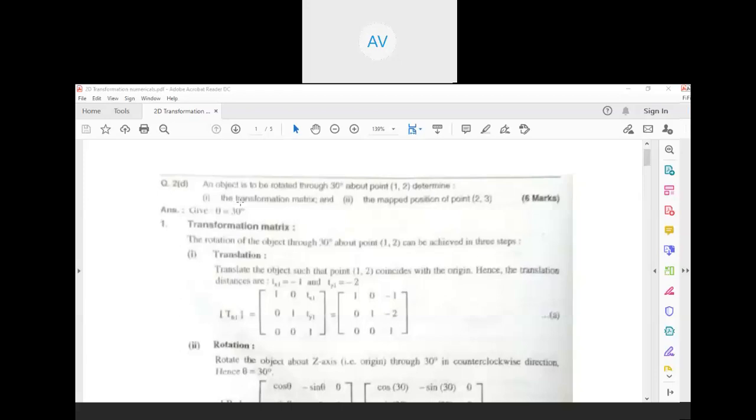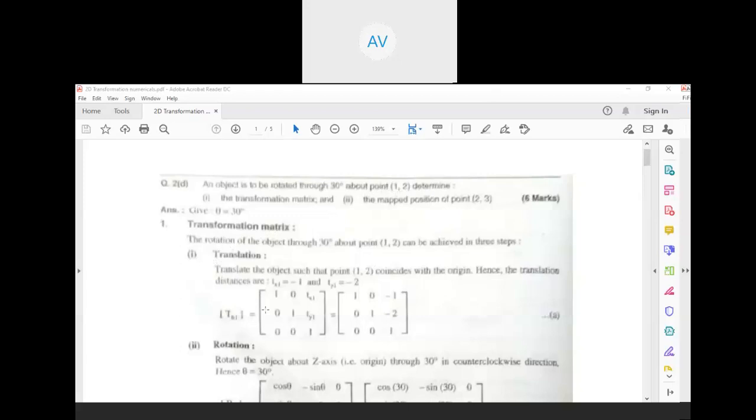Determine first the transformation matrix, and second the mapped position of point (2, 3). First, theta will be 30 degrees, since we have to rotate the object through 30 degrees. Then the transformation matrix: about the point (1, 2) we have to rotate the object.